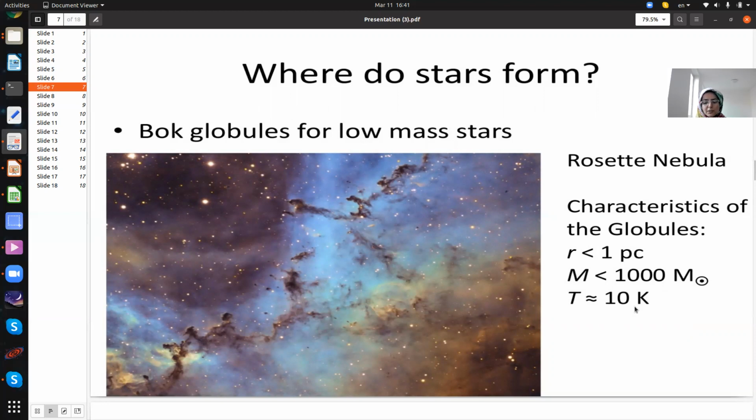And the temperature is 10 Kelvin. What does it mean? It means that we have no flux in infrared and X-ray and no radiation. So the temperature is 10 Kelvin, which is low and cold, and we cannot observe in visual wavelengths.